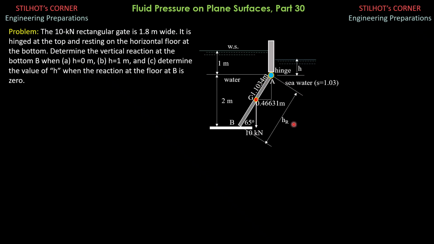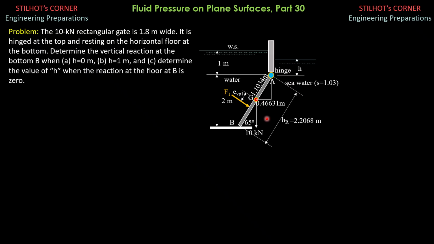So that is why the height of the gate is 2 times 1.1034, or 2 divided by sine 65, and that is 2.2068 meters.